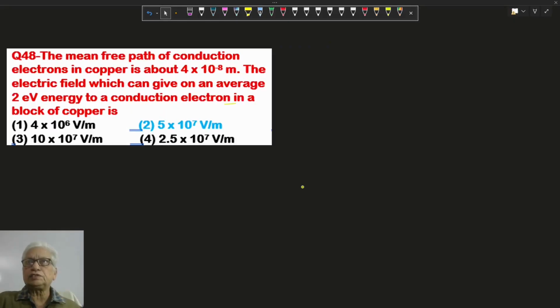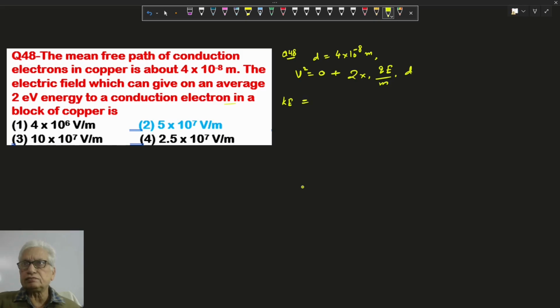Hello, in this question the distance is given, 4 into 10 to power minus 8. Over this distance energy increases. So using the third equation, V square is equal to 0 plus 2 a s, with a as 1 m into s. So kinetic energy equals half m v square, which is qE times d for the electron here.